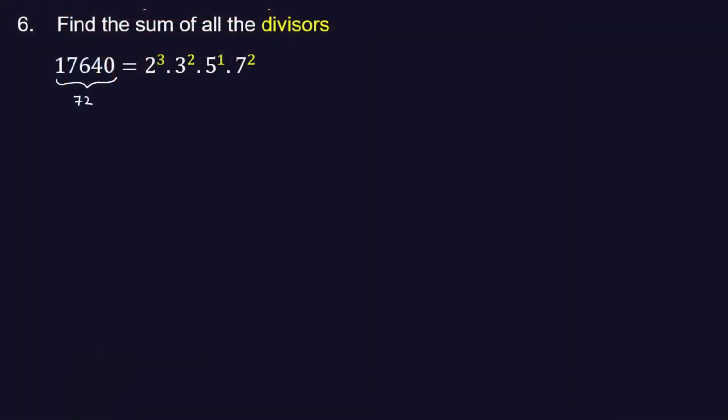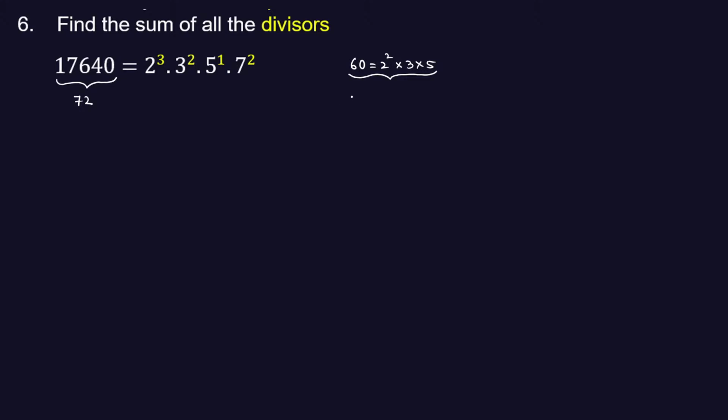How to do that? To understand this logic, let me take one natural number which we have already taken in the beginning of this part. 60, we have written in this way, 2 square into 3 into 5. If you understand the logic that I am going to establish here, it will be pretty simple for us to find the sum of all the divisors when a natural number is given to us.